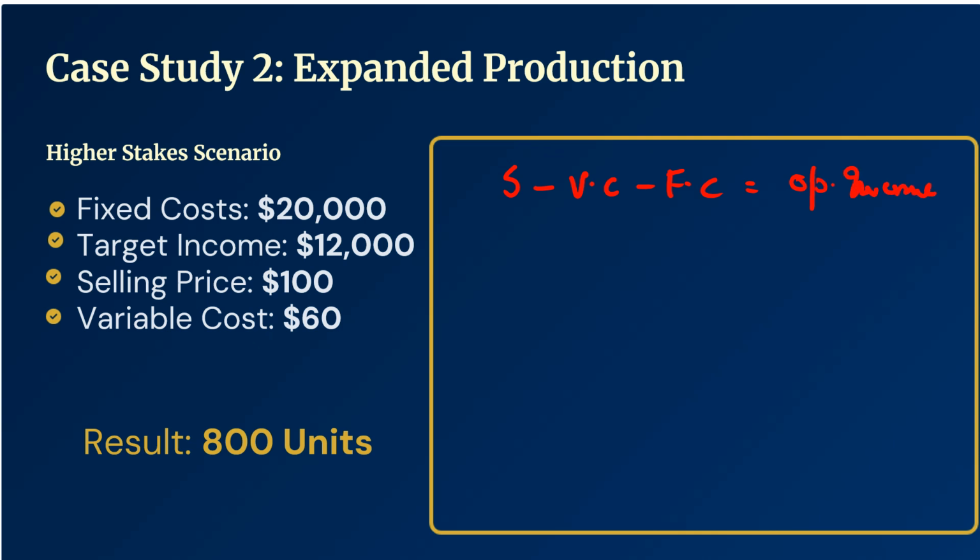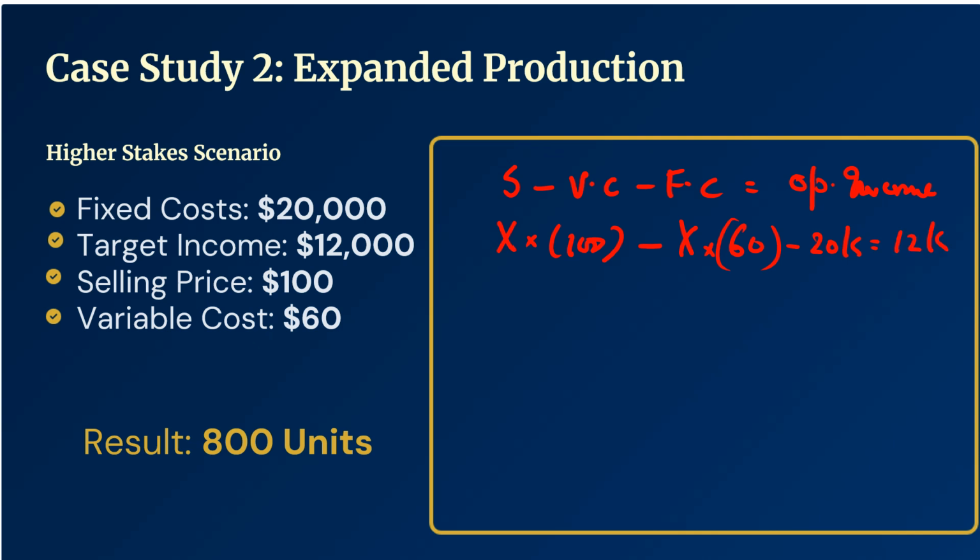So let us see. The sales is how much? 100. We do not know the number of units. So x into 100 minus x into variable cost, which is 60, minus fixed cost, which is 20k, will give you the target income, 12k or 12,000.